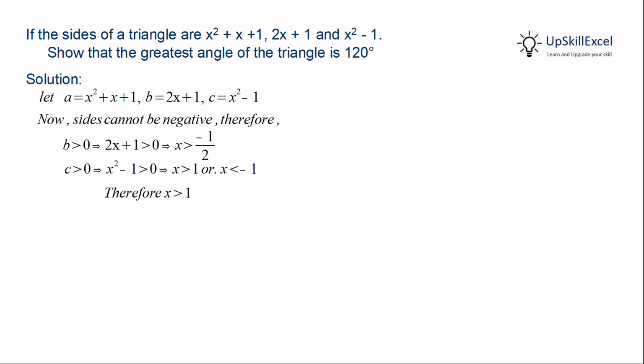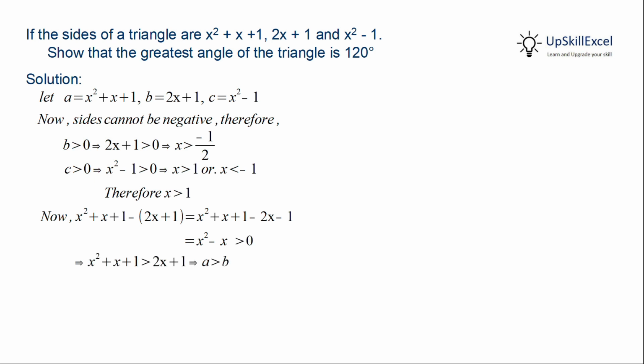Now, to find the greatest angle, we have to find out which is the greatest side. So, let's compare a and b by calculating a minus b, and we find that it is equal to x square minus x. As x is greater than 1, this term will be greater than 0, which means a is greater than b. Now we'll compare a with c by finding out a minus c, and we find that it is equal to x plus 2.